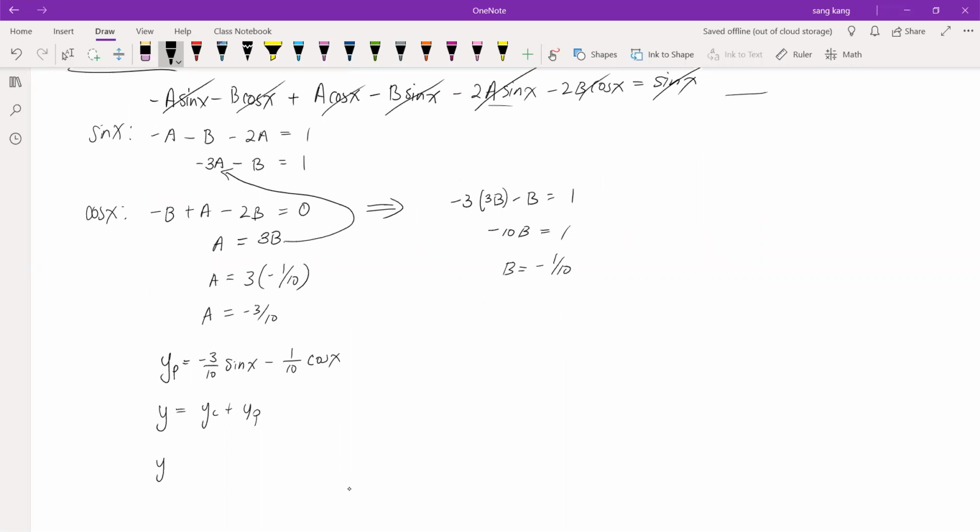So our yc was c1 e to the negative 2x plus c2 e to the x. And then our particular is 3 times sine x minus 1/10 cosine x. Okay?